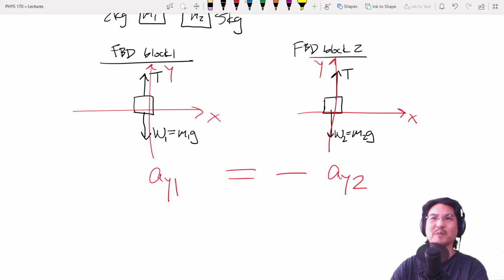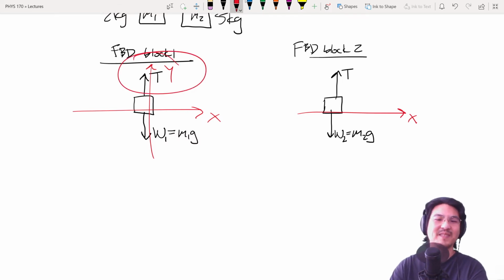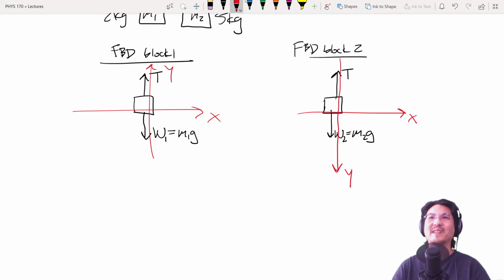I personally would rather not deal with that. So my personal preference is, since I know block 1's going to go up, I'll draw it like it's moving in the positive direction. I know block 2 is going to go down, so I'm going to draw y this way. So they're both moving in the positive y direction. That's my own personal preference.